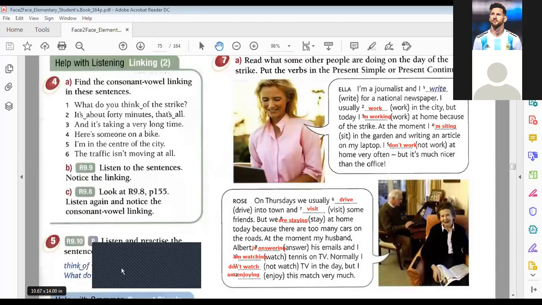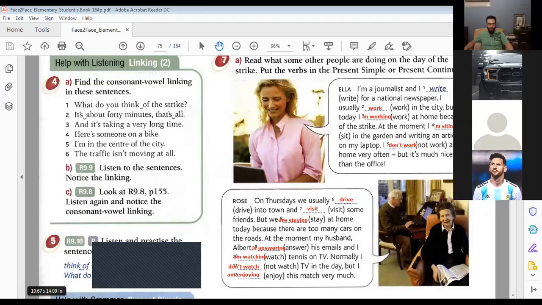Recording 9.11. Ella. I'm a journalist and I write for a national newspaper. I usually work in the city, but today I'm working at home because of the strike. At the moment, I'm sitting in the garden and writing an article on my laptop. I don't work at home very often, but it's much nicer than the office. Rose.